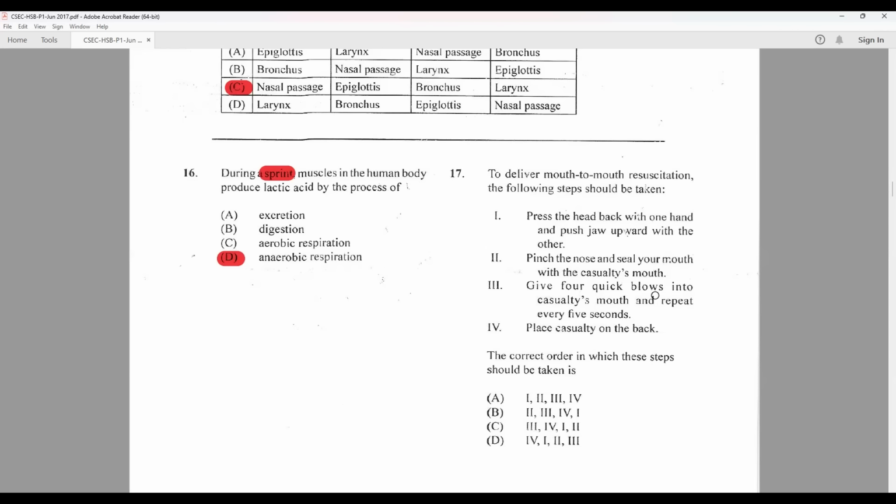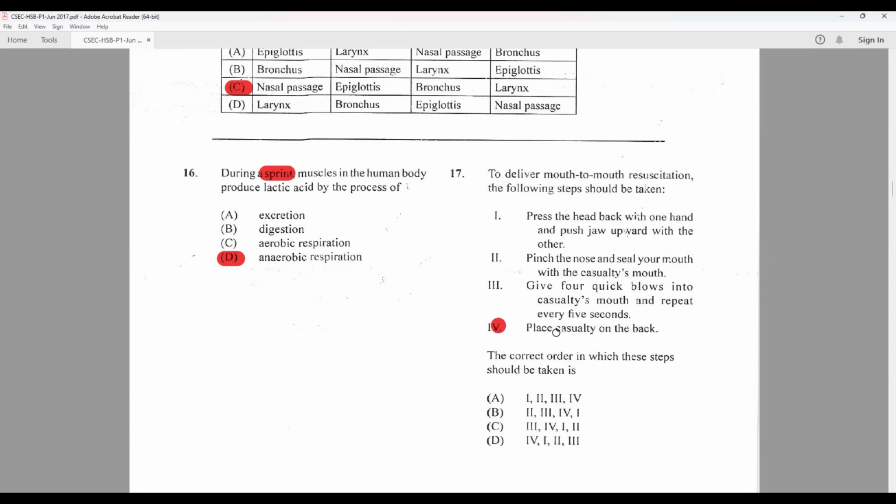Give 4 quick blows to the casualty's mouth and repeat every 5 seconds, or you could place the person on their back. So they ask you for the answer, and you should start off by placing the person on their back. And that is the giveaway.